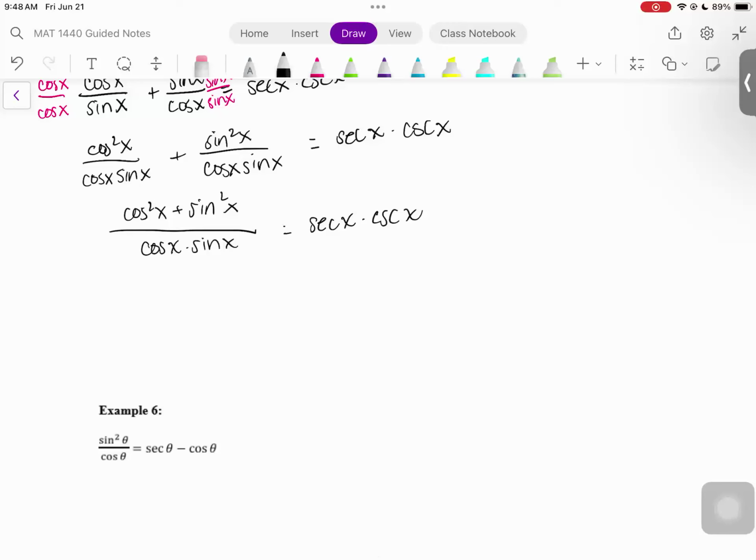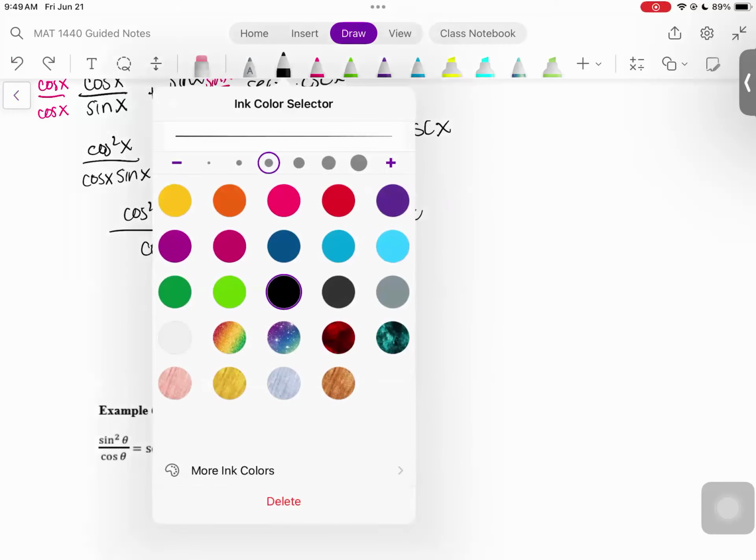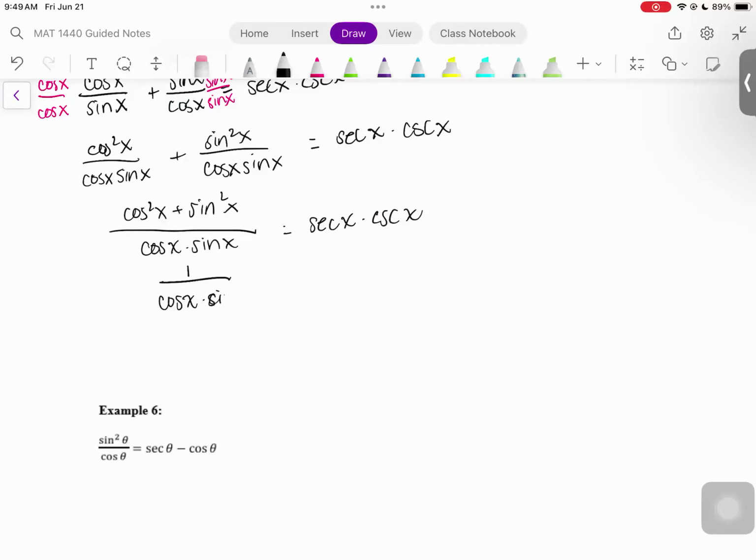Cosine squared x plus sine squared x is 1 from our Pythagorean identity. So we have 1 over cosine x times sine x equals secant x times cosecant x.